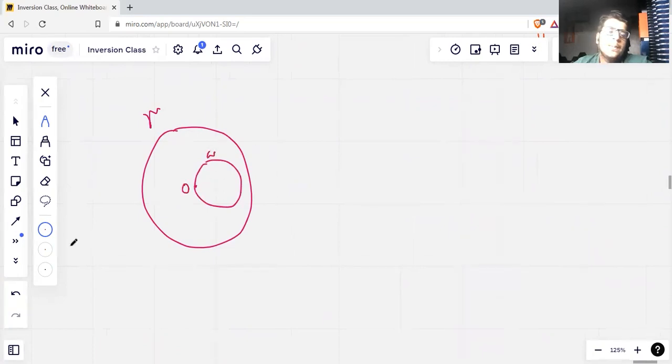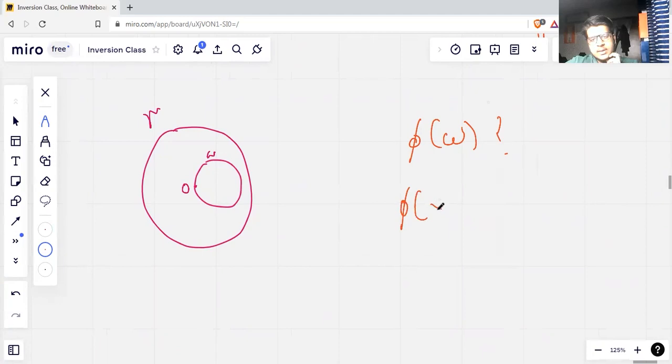Let's call this omega. What will phi of omega be? We talked a few minutes ago that if phi of x is x dash, then phi of x dash is x, right? So if x dash is inverse of x, then x is inverse of x dash. This is what we said.